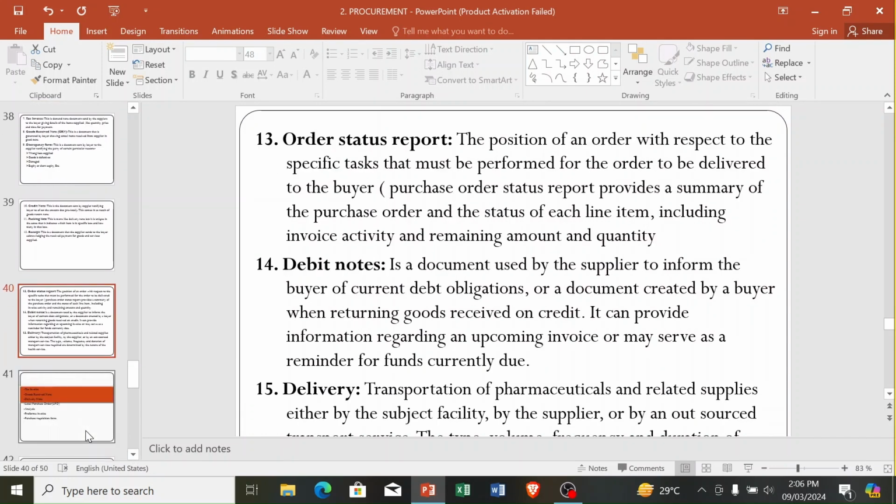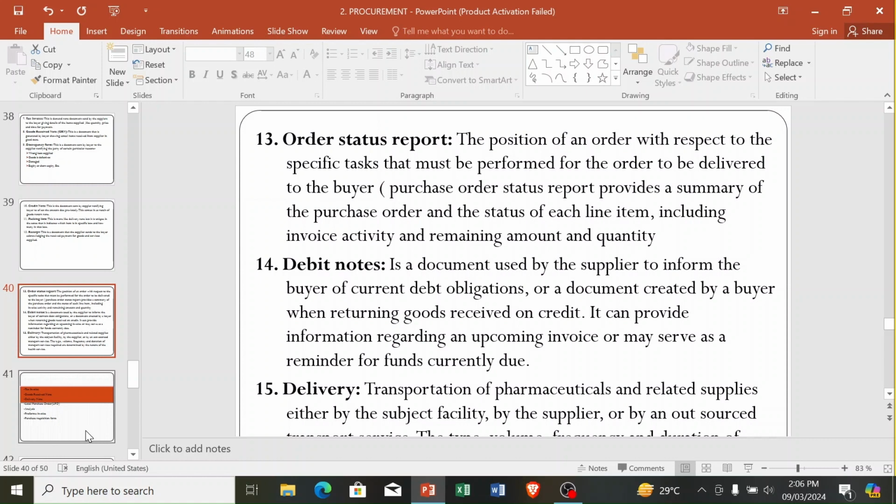Order status report: the position of an order with respect to the specific tasks that must be performed for the order to be delivered to the buyer. That is, the purchase order status report provides a summary of the purchase order and the status of each line item, including invoice activity and then the remaining amount and quantity.